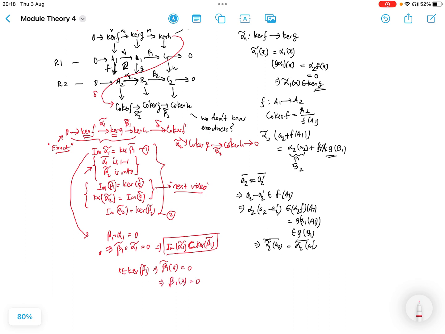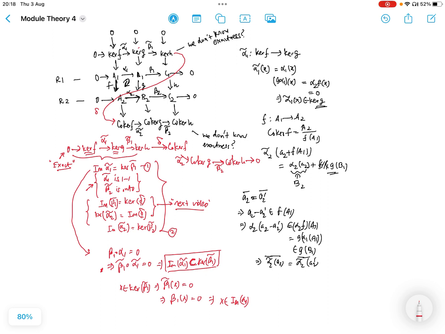So you can consider the map beta 1 itself. And now, because x is in kernel of beta 1, and due to exactness, this is the same as image of alpha 1, right? So I can lift this x. x was inside kernel of beta 1, and now we are taking it to some alpha 1 of y. Because x is in here and kernel of g is inside B1, we can consider x here, and from alpha 1 we get a pre-image y inside A1.